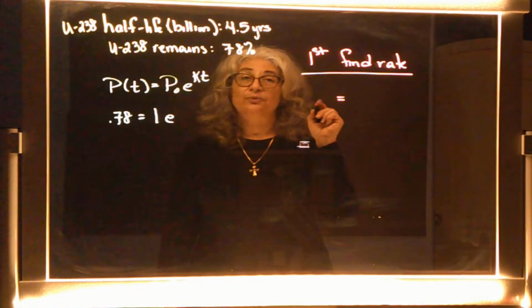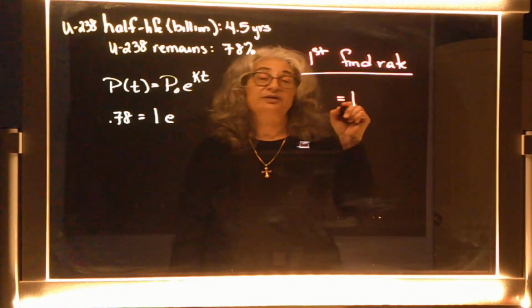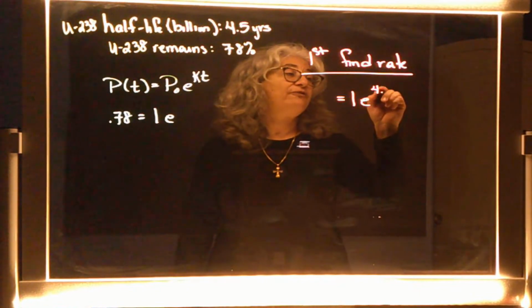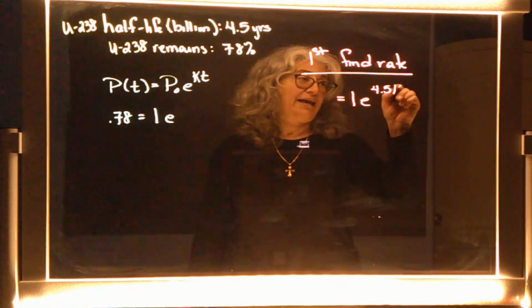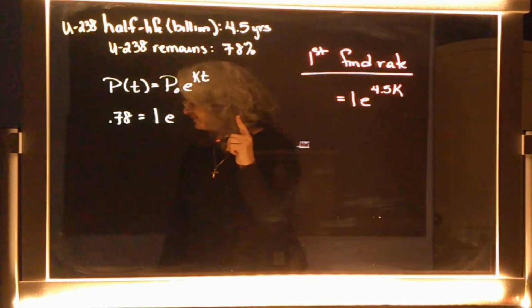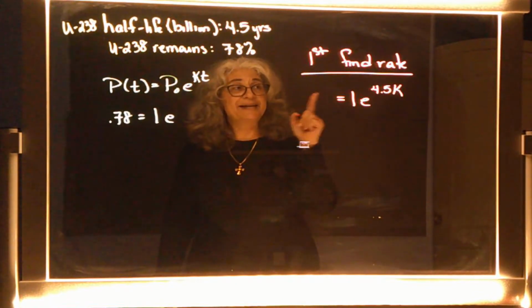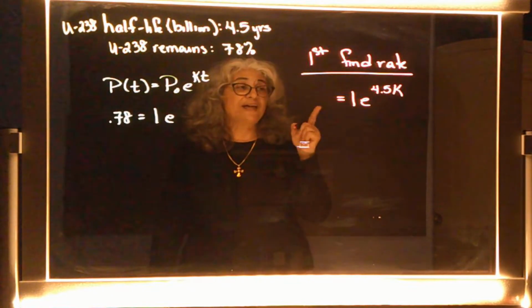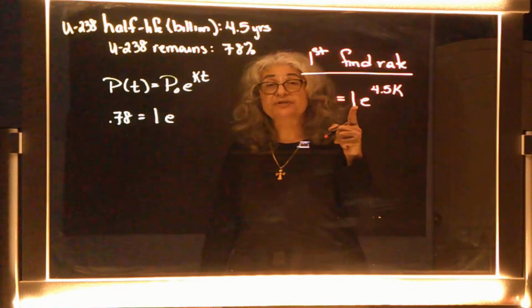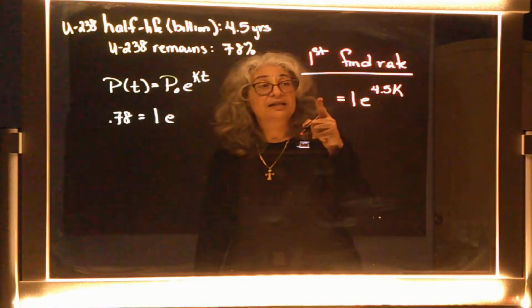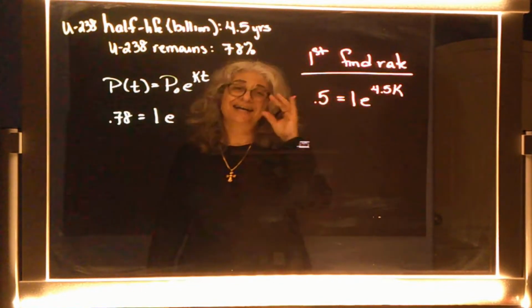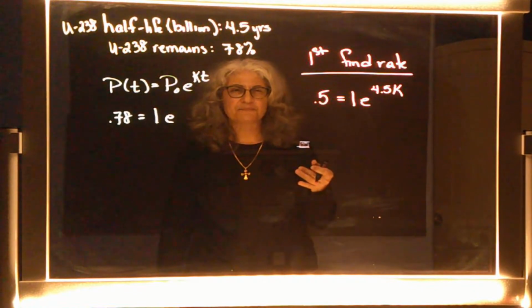And the way we're going to do it, we know the original amount is 100%, e to the 4.5K, because I'm looking for the rate, agreed? And now 4.5 is the half-life, isn't it? Well, if that's the half-life, and I know 100% is started, then what remains? Good, 50%. Excellent. Does that make sense?